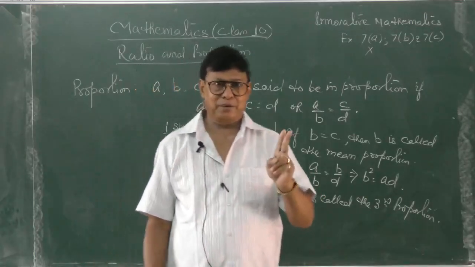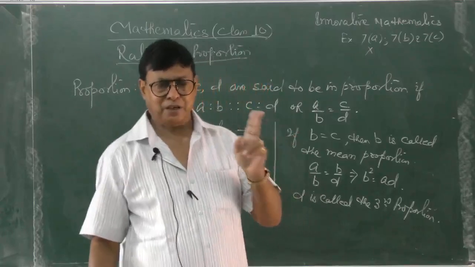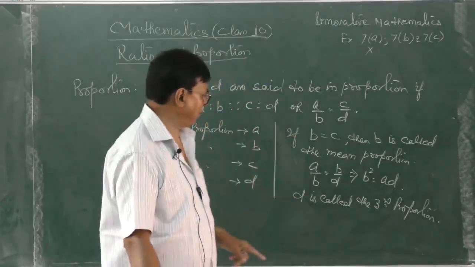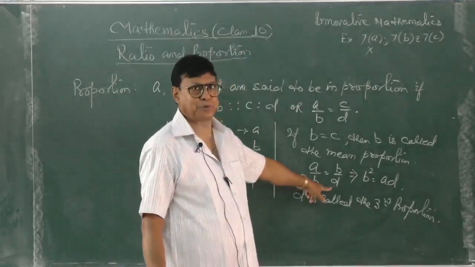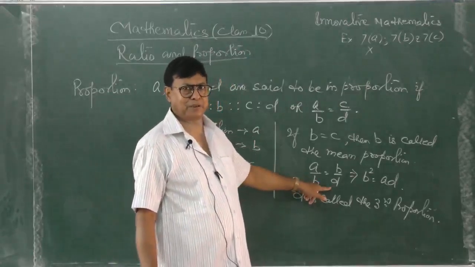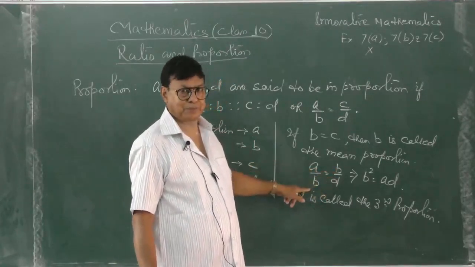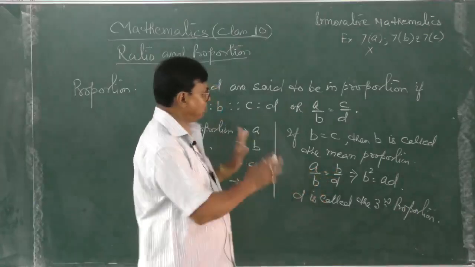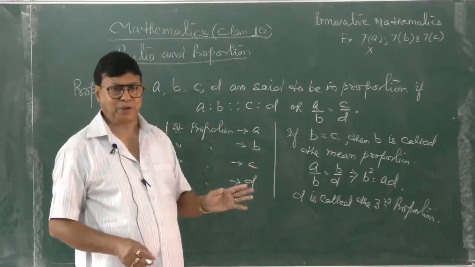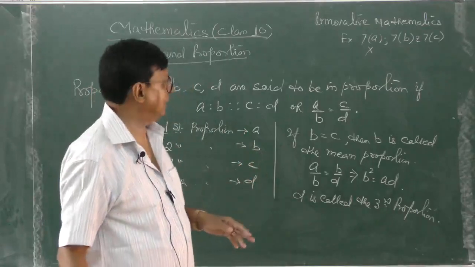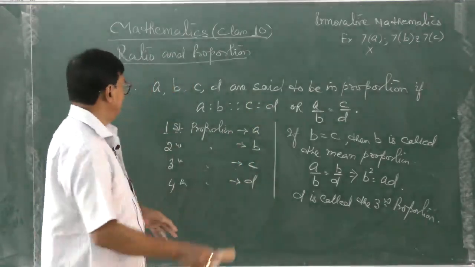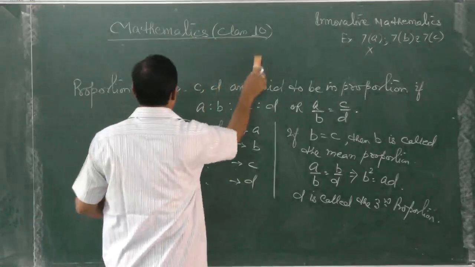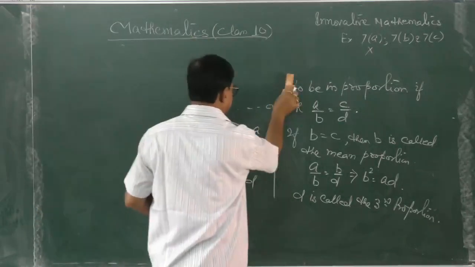If only two are given and you have to find the third proportion, then D will be the third proportion, and the second one given in the sum will be the mean proportion. So I will come to the sum. This is all about chapter 7b. I will go into the properties later, starting with questions here.